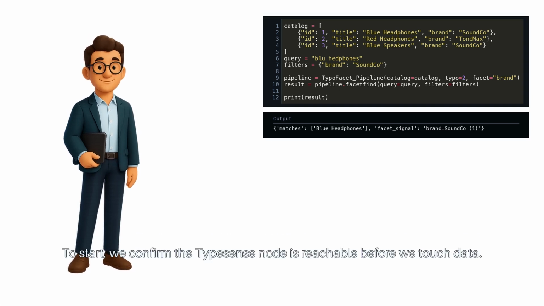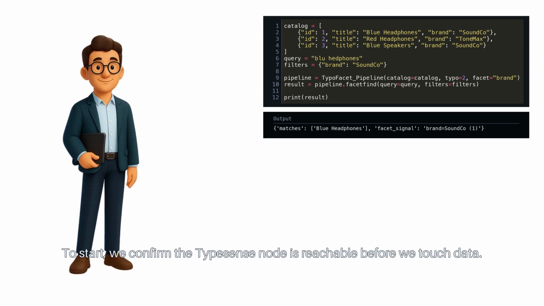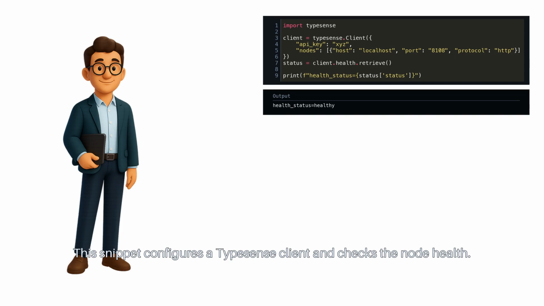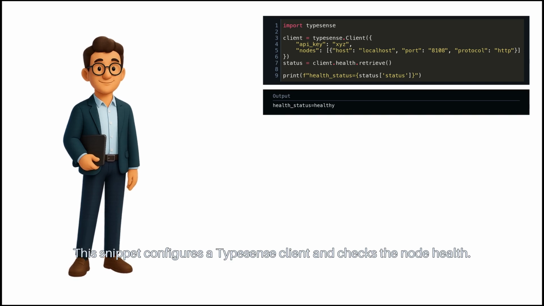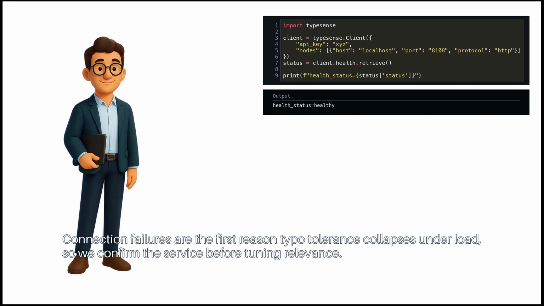To start, we confirm the Typesense node is reachable before we touch data. This snippet configures a Typesense client and checks the node health. Connection failures are the first reason typo tolerance collapses under load, so we confirm the service before tuning relevance.